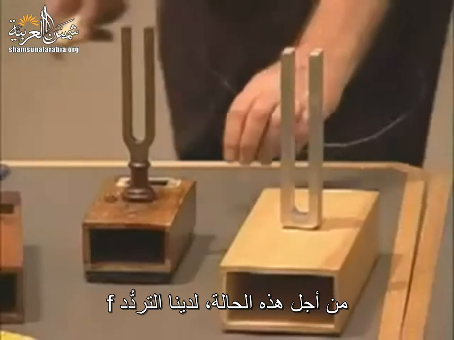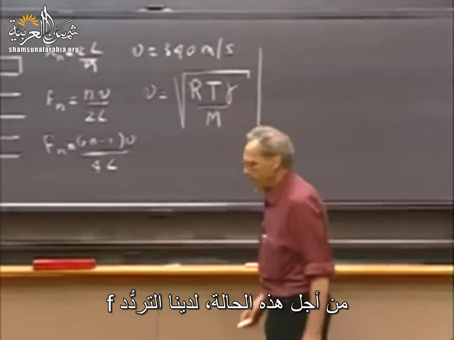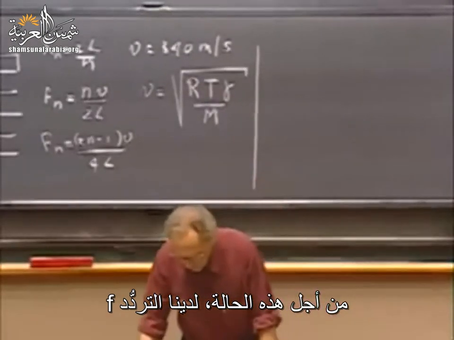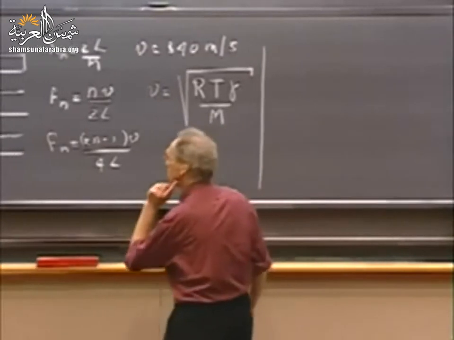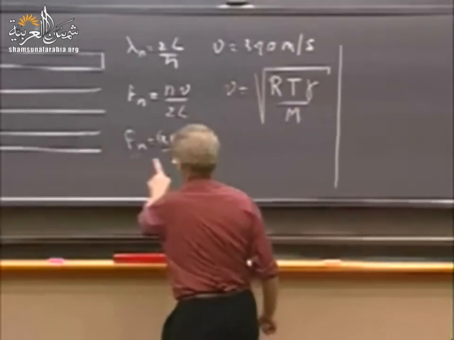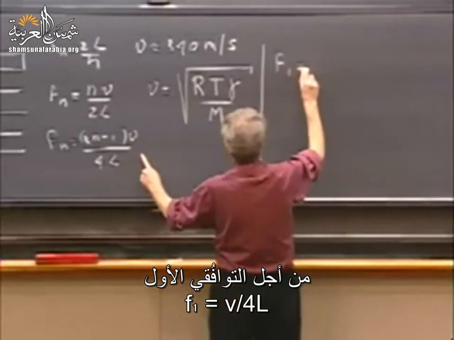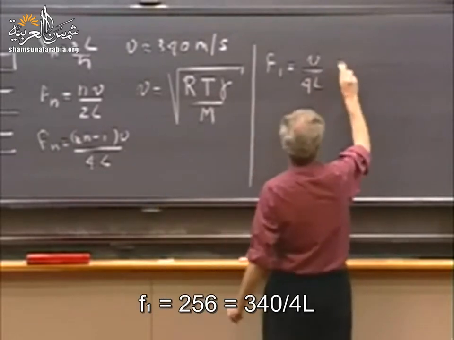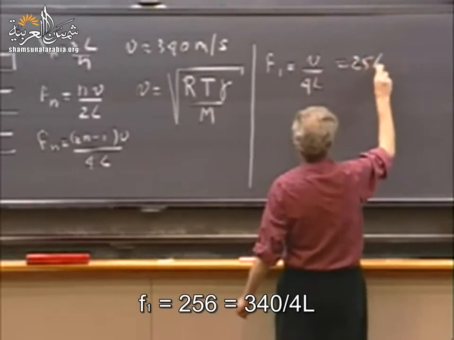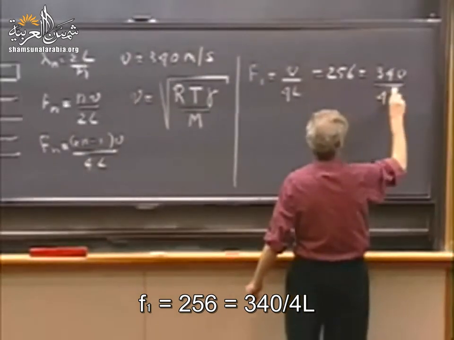So for this case, then, you would have that the frequency f is the velocity... So we go to this case now, to the case of this equation. So the frequency, in the first harmonic now, is v divided by 4L. So that is 256 equals approximately 340 divided by 4L.